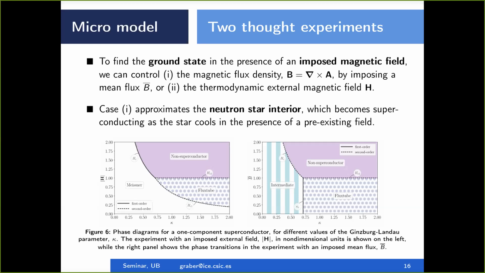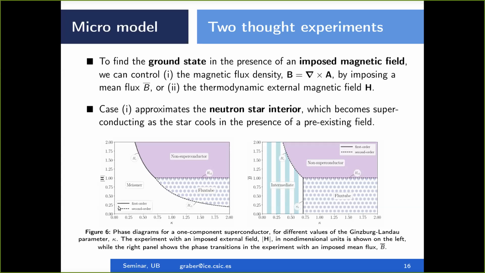So I'm going to show you one of the plots for the single component superconductors, to visualize what's happening, because this picture on the left-hand side with H is much easier for us to understand than the picture with B. This is H as a function of kappa, and the mean flux as a function of kappa.